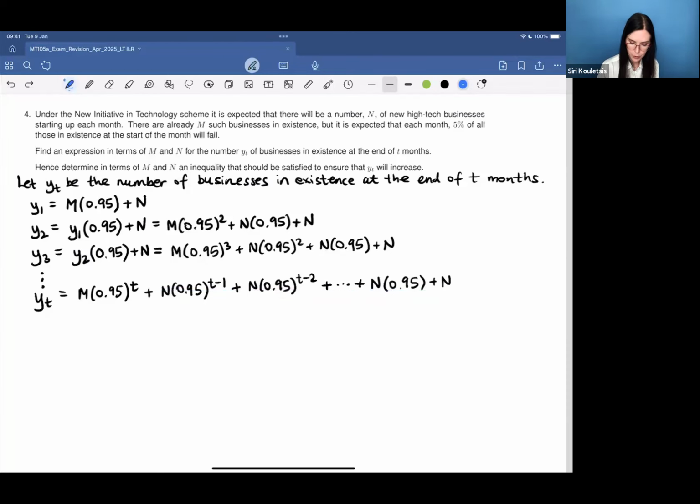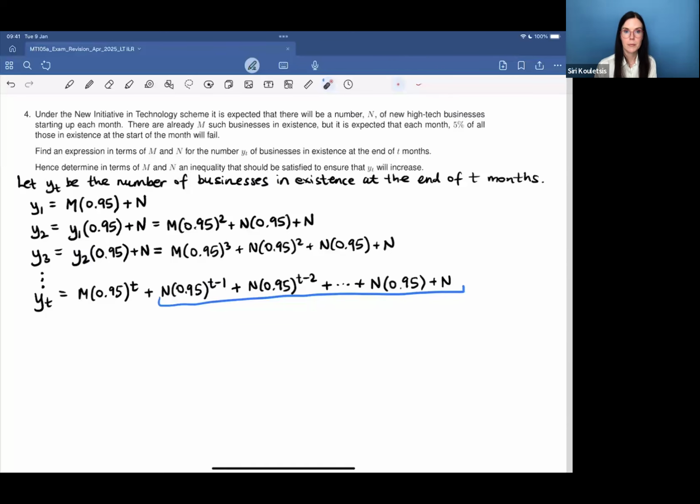But in order to apply the formula, we do need to know 3 things. We need to know the first term. Okay, that's N. We need to know the common ratio. Well, that's 0.95. And then there's one more thing that we need to know, and that is the number of terms that we are summing.